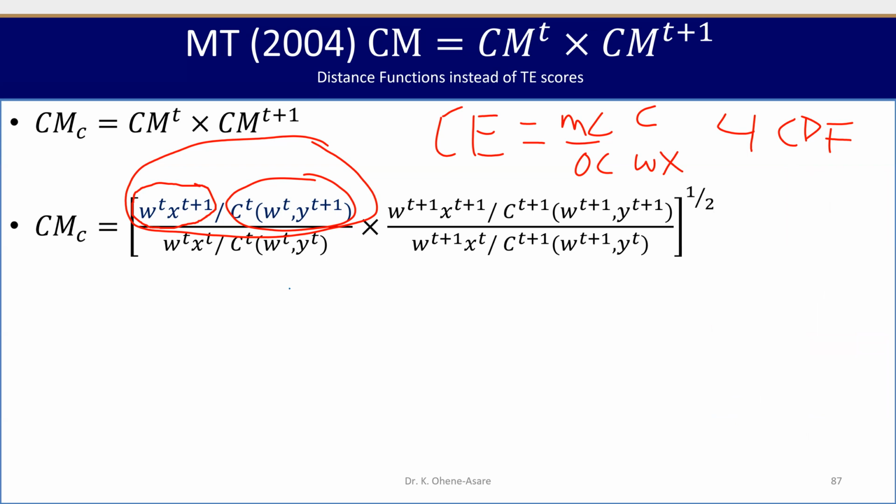What distance function is at play here? Now, let's take the bottom one first. What will make this bottom one the own period cost distance function? Who can tell me? What makes it own period cost distance function in year T? Emily.